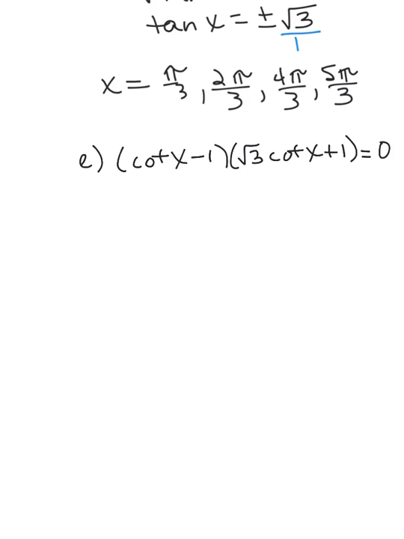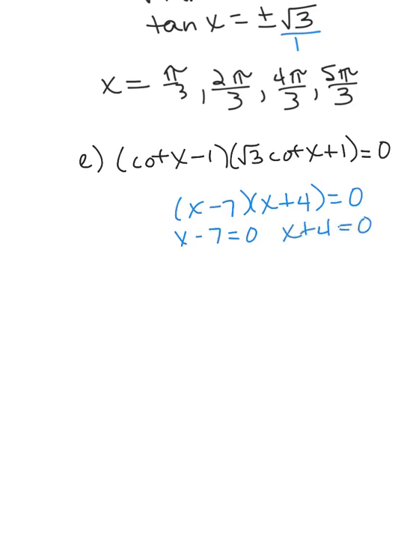If you had something like x minus 7 times x plus 4 equals 0, that's already in factored form, and you would set each of the factors equal to 0. We are going to use exactly the same concept on this problem.